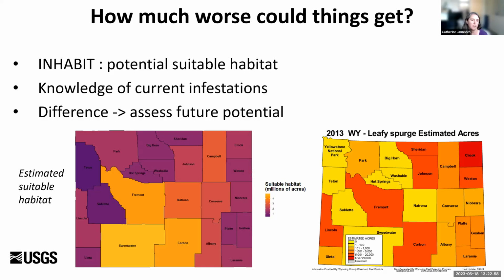Then, from county managers, they had information on the knowledge of current infestations, and they looked at the difference between those to assess future potential. This is also an area where future climate could come in, looking at how even that future potential might change with changing climates.